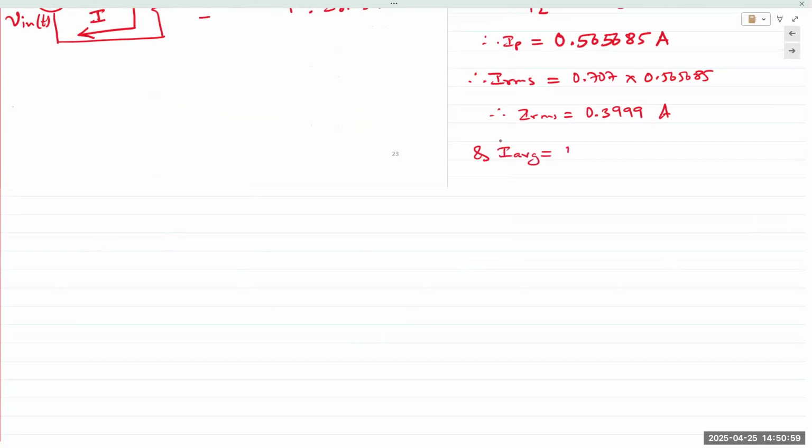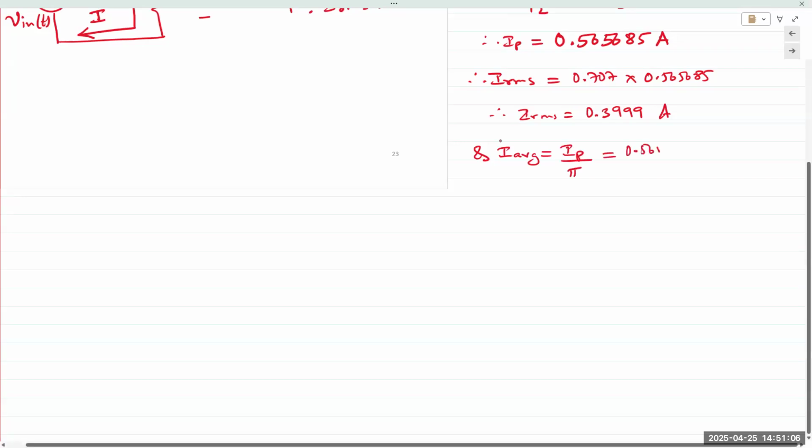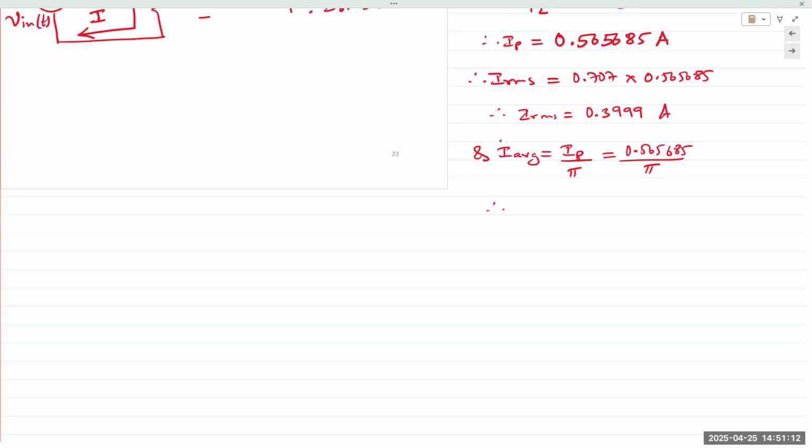Average value would be IP over pi, and it would be 0.565685 divided by pi. And therefore the average value is going to be 0.180063 amps.